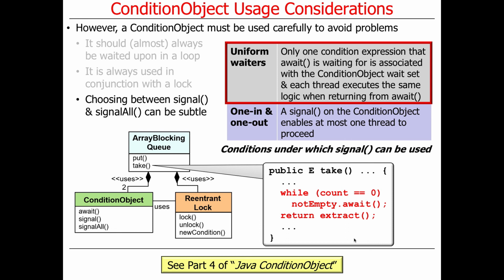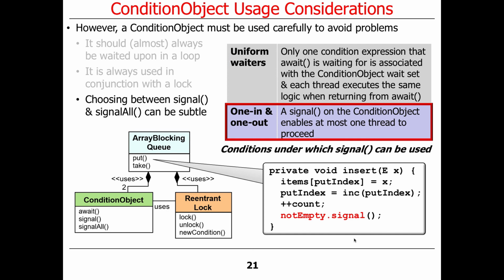So you can see here that the take method demonstrates this property because when it returns from await, it checks to see if count is 0, and if it is no longer 0, it then calls extract. So the same thing happens for any thread that's waiting for the not empty condition to be signaled. So it's uniform.